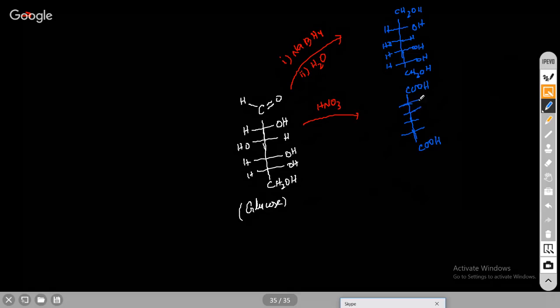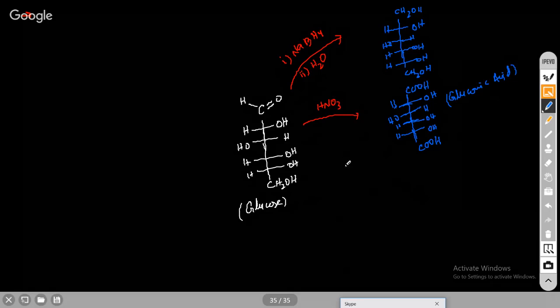OH, H, OH, OH, H, OH, H and H. What is the name of this compound? It is gluconic acid. Both will get oxidized, aldehyde and alcohol.